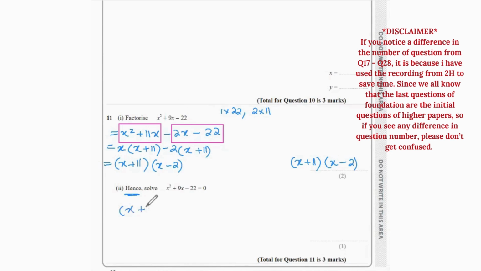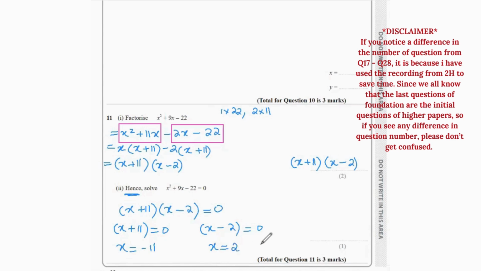Hence, your x plus 11 times x minus 2 is now equal to 0. You can split the brackets and put both of them equal to 0 separately. So x equals negative 11 and x equals 2.